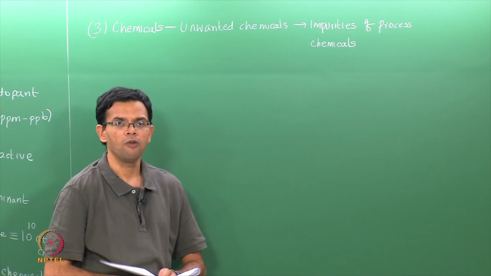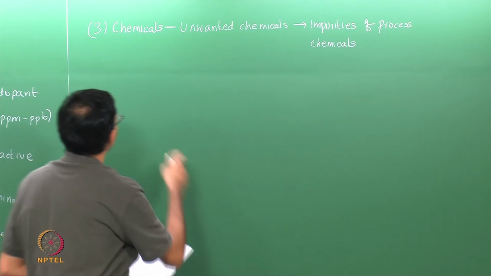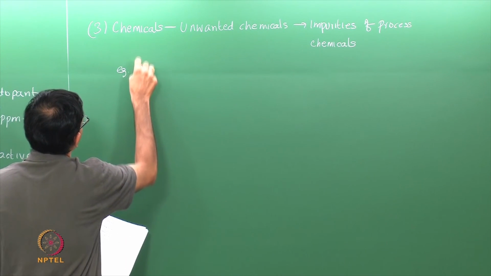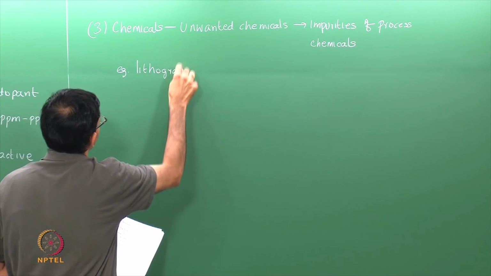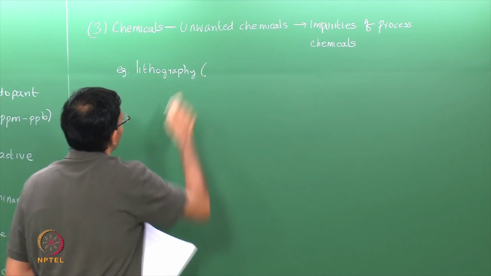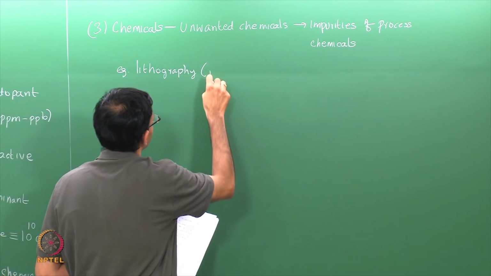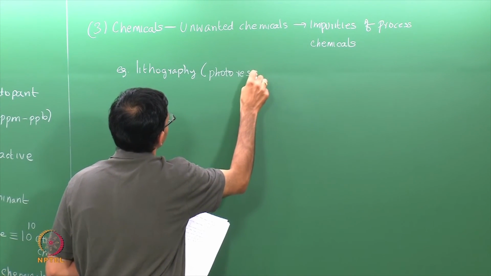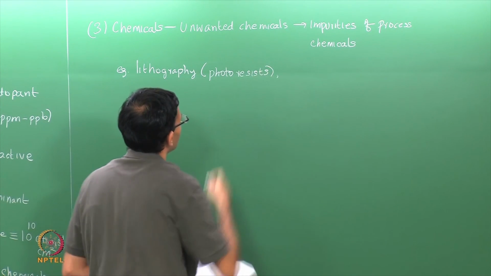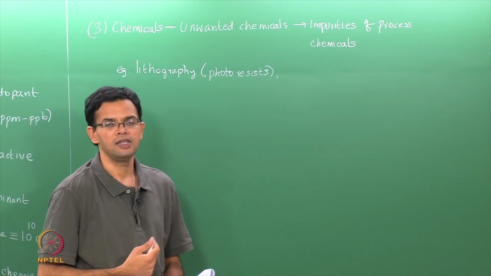So, some of the common areas where chemicals are used are in lithography, where we use photoresist. We also use chemicals for etching.